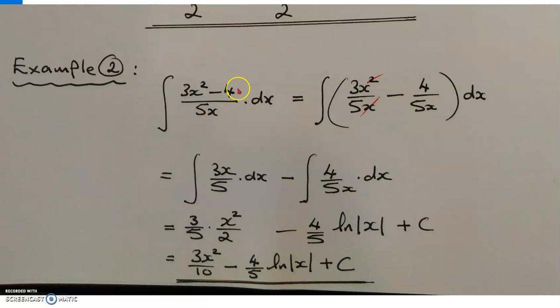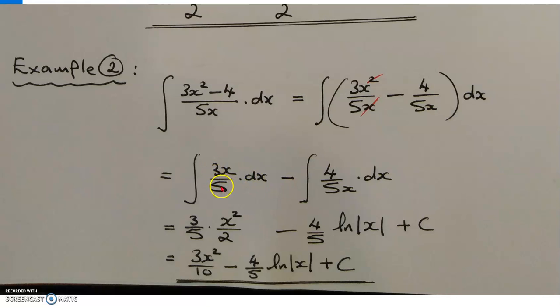My integrand is 3x squared minus 4 all over 5x. Again, split it up. I've got 3x squared over 5x minus 4 over 5x. This x in the denominator can cancel with one of the x's there to leave me with just 3x on the top. And here there's no simplification I can do, I've just got that x on the bottom.